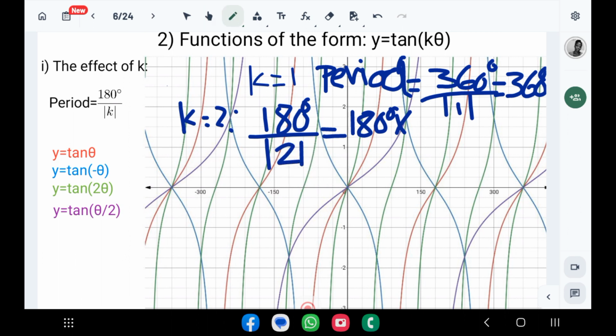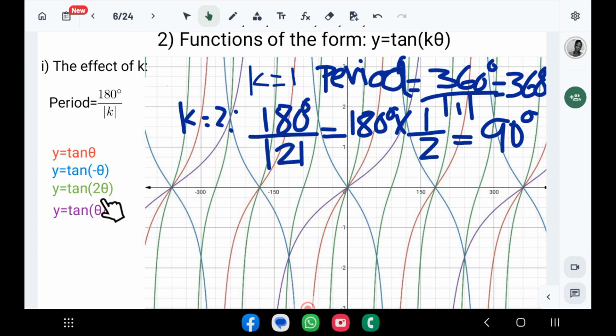So we're going to flip it upside down and it becomes 1 over 2, meaning that your period now is halved to 90 degrees, which makes sense because in all these types of trigonometric functions, remember the value in front of your theta, your k in this case, tells you how many complete periods you will have in your normal full period. For this tan graph, that is 180 degrees, meaning that you will have 2 complete periods in a span of 180 degrees, from 0 to 180 degrees.